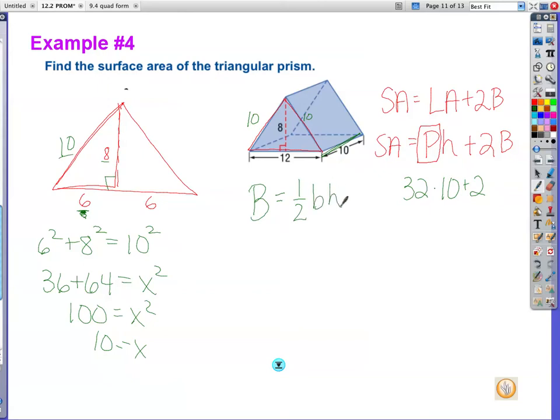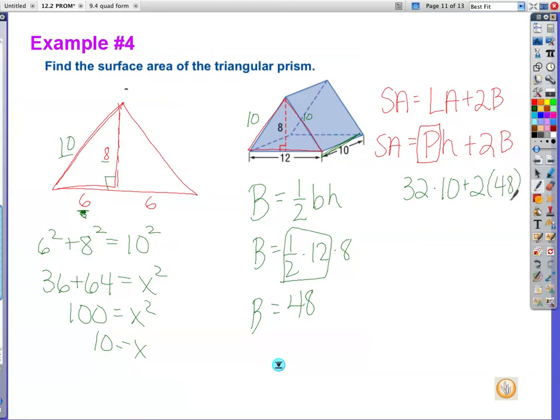Isn't that weird? Big B, little b. What begins with B? The base is 12. The height is 8. So 1/2 times 12 is 6, and 6 times 8 is 48. So now I have a base area of 48.